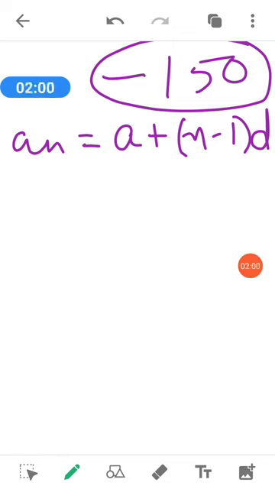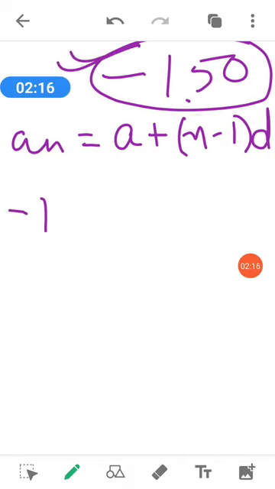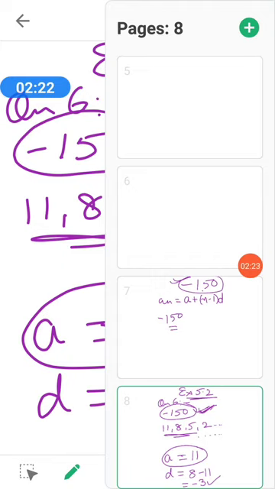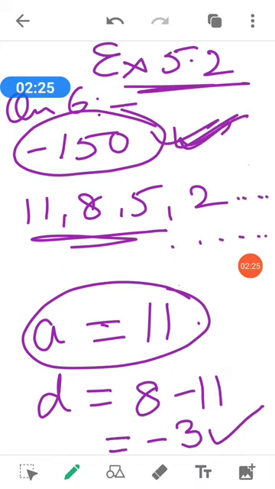We will suppose that minus 150 is a term of this AP. So if it is a term of this AP, but we don't know the number of this term, so let us suppose the nth term here is minus 150. So put it here, minus 150 equal to, what was the value of A? The value of A was 11 and D was minus 3.